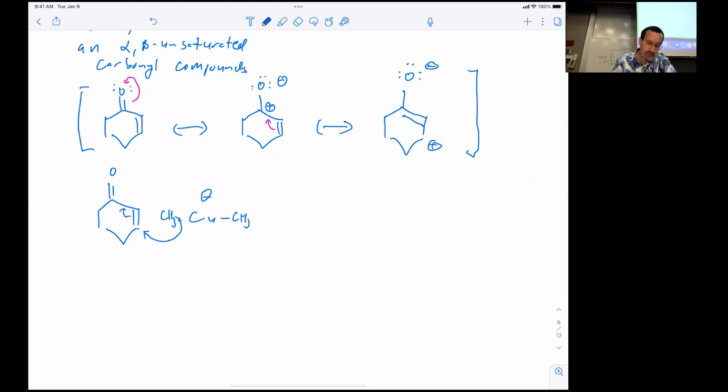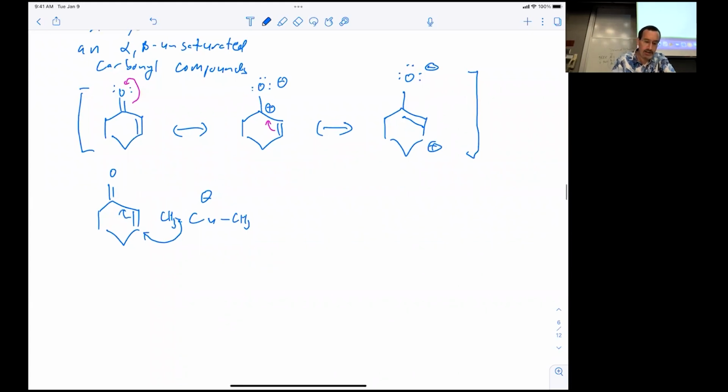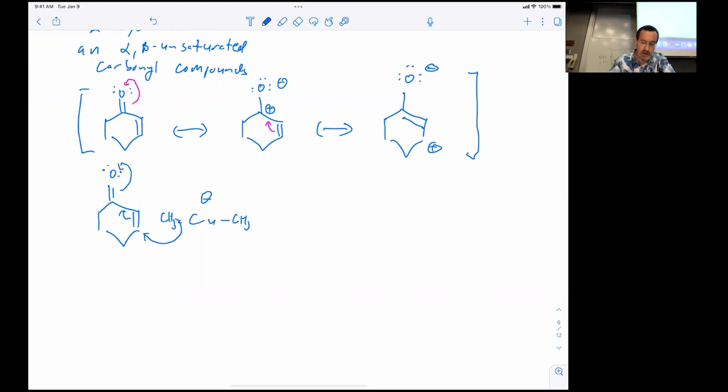That pushes electrons on up, and I'll be a good person. I'll draw in my lone pairs of electrons. That goes ahead and takes us all the way over to here. And you should be good enough at pushing your arrows at this point that you should be able to do this on your own. And now this has introduced a new species that we call an enolate.